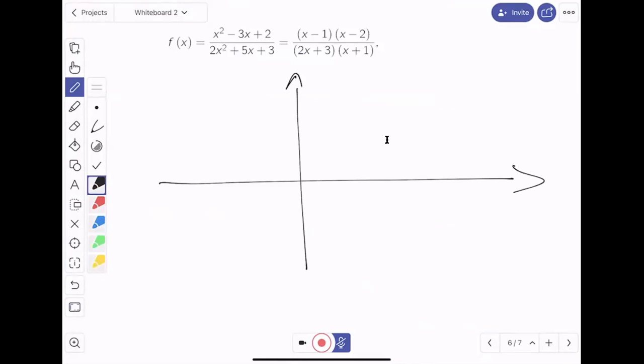Okay, so hopefully you can remember what you've done. You've got some points, and I'll put the points down for you. One of the points is at 1, and the other point is at 2. That's nice to know. I got a y-intercept at 2/3. Put this over here.